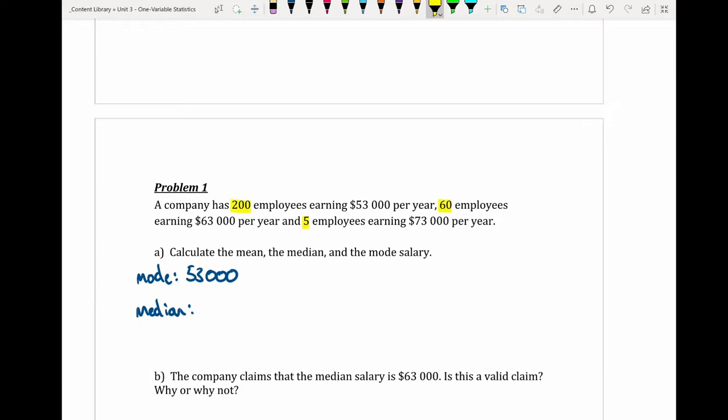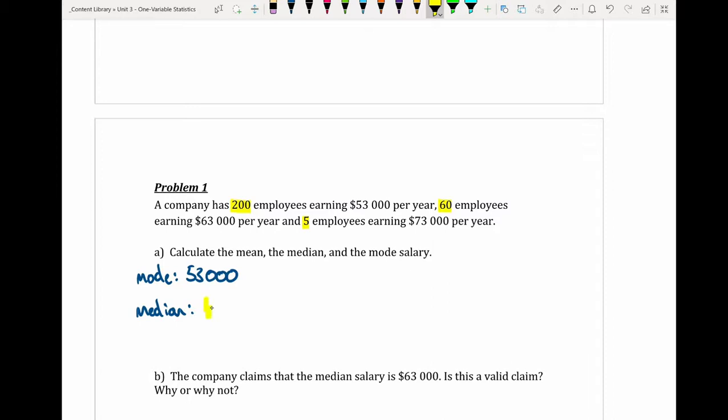But because we know what each value is, and they're basically 53,000, 63,000, and 73,000, I just have to go to where my middle number is going to be. And looking at this, if I have 265 employees, the middle value would have to be basically 265 divided by 2. So the middle value is going to be the 133rd number.